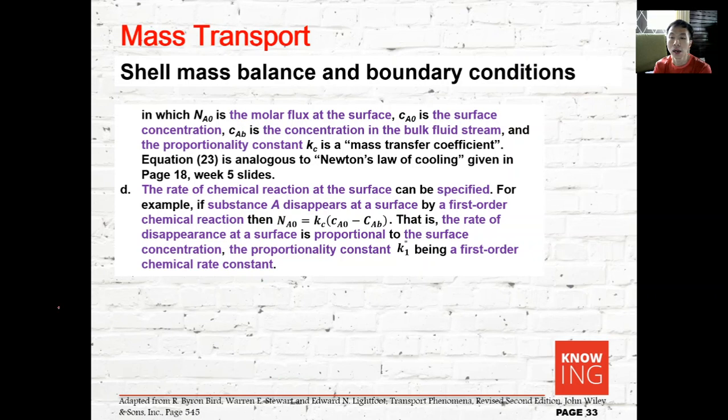Or if the rate of chemical reaction at the surface can be specified, then the rate of disappearance of the substance A at the surface can be defined as well. In the following sections, we will discuss the applications of the conservation law and the shell mass balance, including the boundary conditions that we mentioned here.